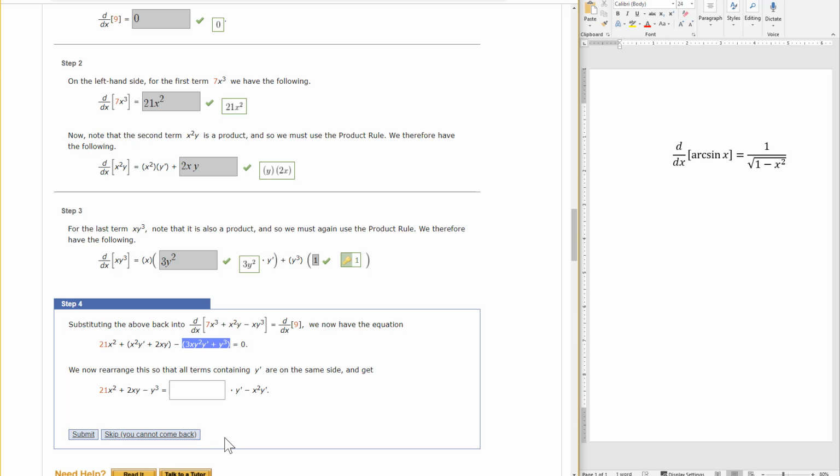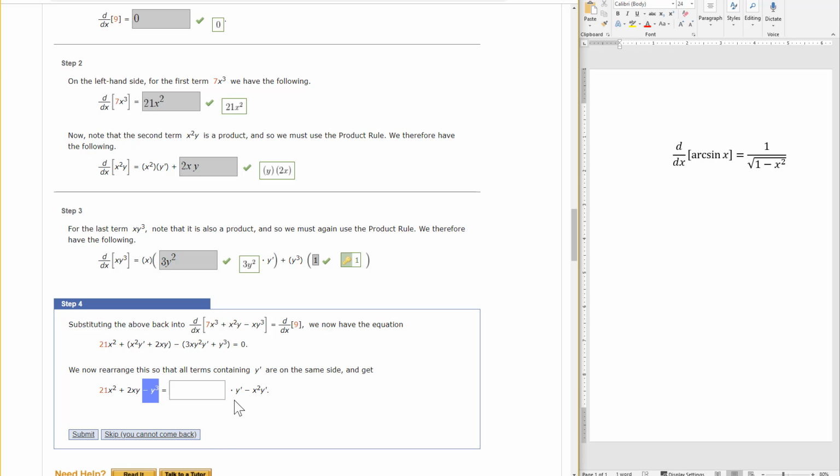So now we're going to rearrange it, and the way we're going to rearrange it is we want to collect all the terms with a y prime and bring that over to one side. So there's a couple of terms with y prime. They kept the non-y prime terms on the left side. So this is one of them. 2xy is another term that doesn't have a y prime. And then a minus y cubed is our other term that doesn't have a y prime.